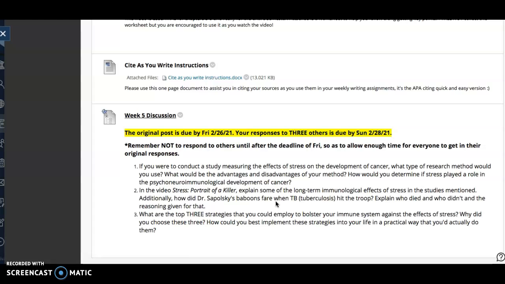So if you can give yourself a little more time to do that, and then post your discussion posts, your answers to these questions, that would be good. And then wait till everyone has responded, till the Friday deadline has passed, and then you can go ahead and respond to 3 other people on their posts. That is going to be the best way to go about the discussion post.